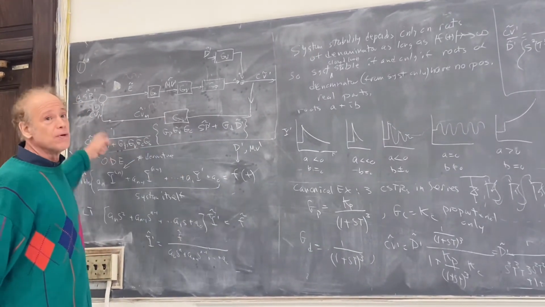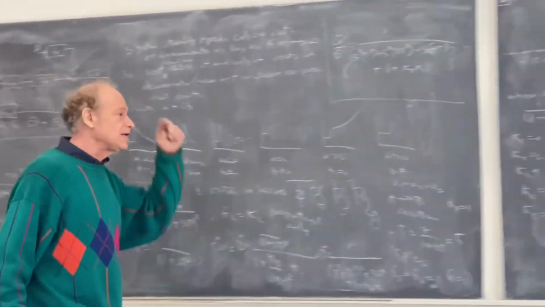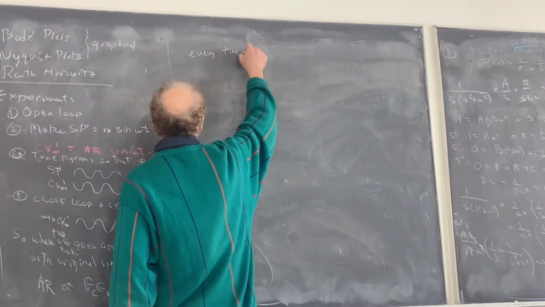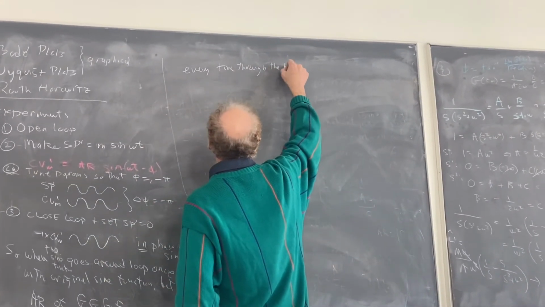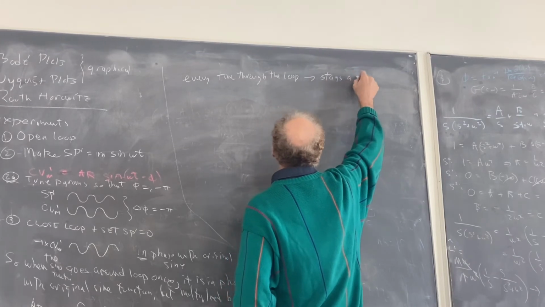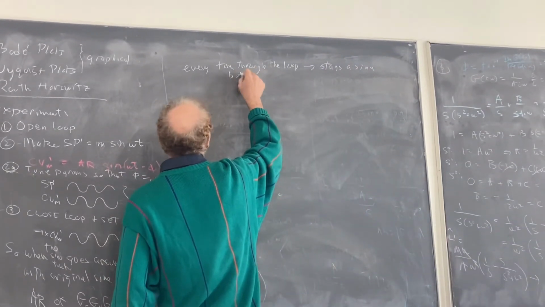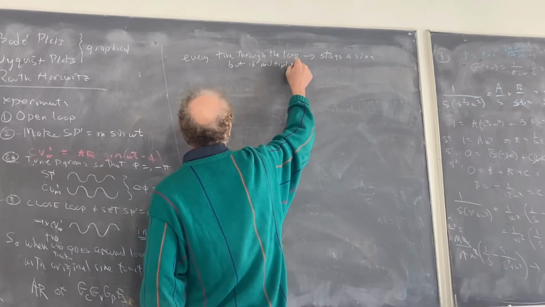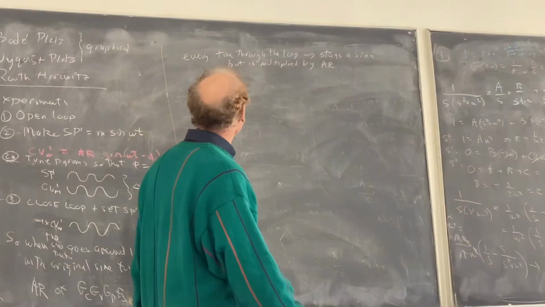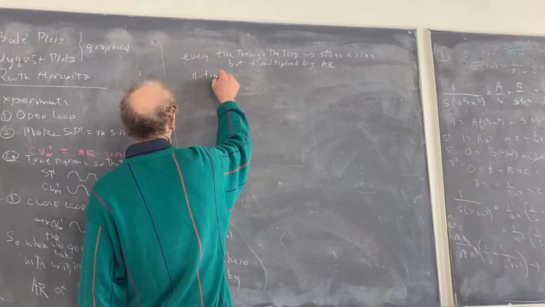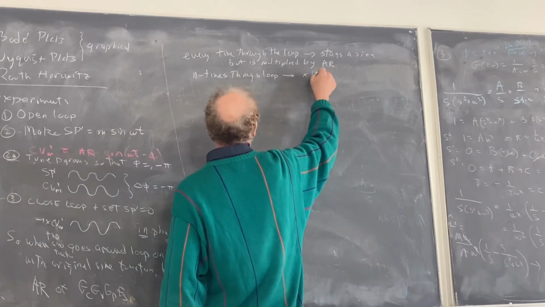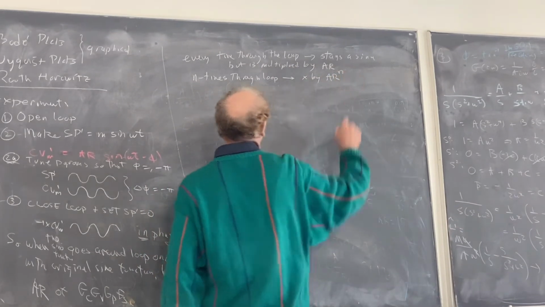Every time through the loop, it stays a sine but is multiplied by the amplitude ratio, so n times through the loop means it's multiplied by the amplitude ratio to the nth power.